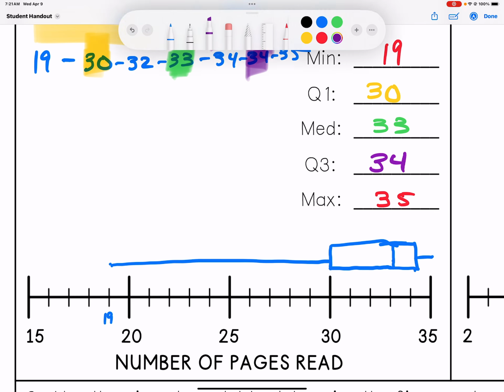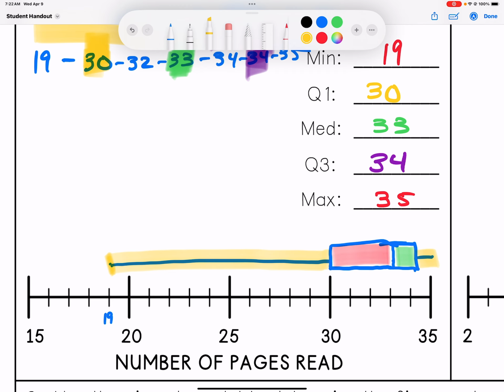So I'm highlighting the minimum, and then you just draw the line to the first Q1. And then you have Q1 to the median. And then you go from the median to Q3. And then on the back side, you go to the max with the line.